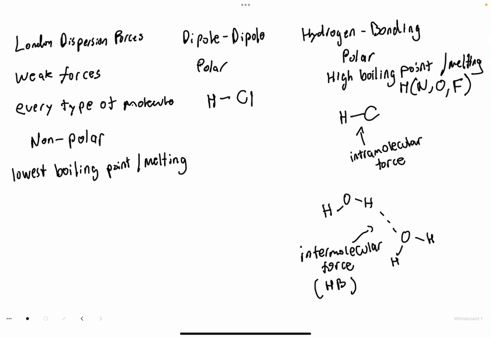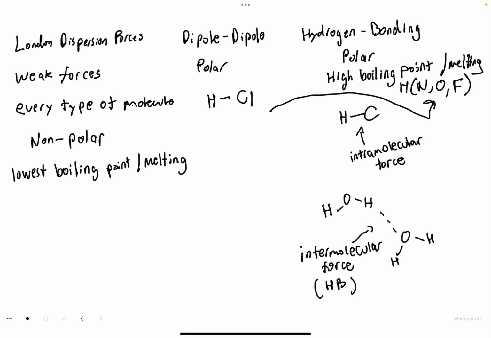So as long as they are polar, it's going to be a dipole-dipole. Because if it's polar but it doesn't have anything in regards to nitrogen, oxygen, or fluorine in relation to hydrogen, it's not going to be dipole-dipole.